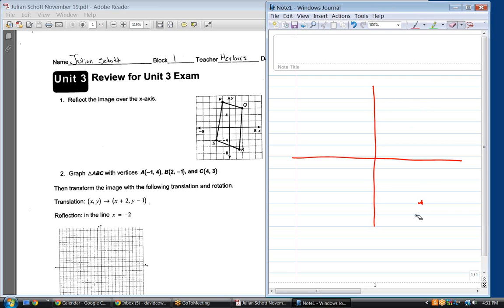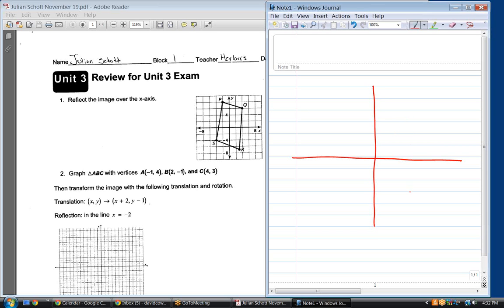In other words, once we reflect those 4 points over the x-axis, then we'll connect the dots and we'll have whatever that quadrilateral is. Q is 6 units above the x-axis, right?